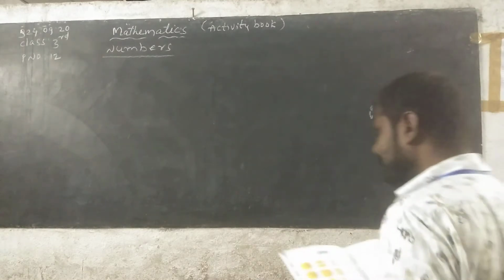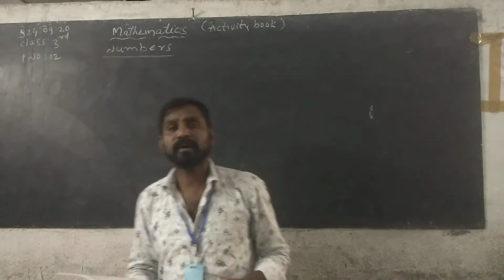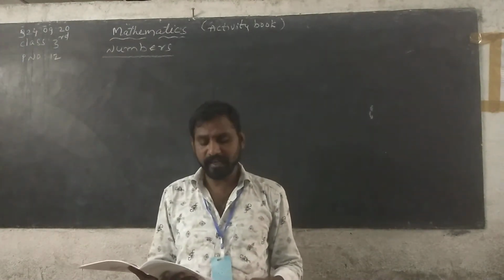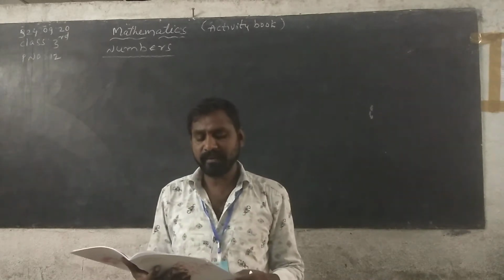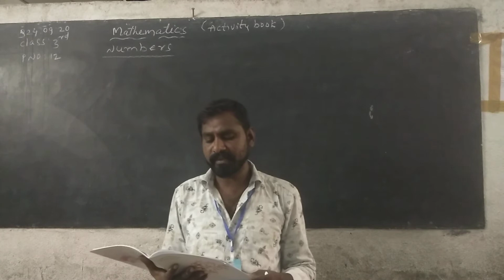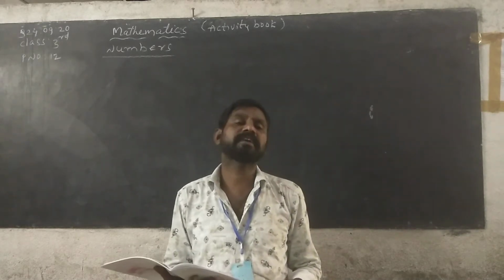See activity book, page number 12. Listen carefully. Here some pictures are given. Identify the numbers based on the given picture clues. One is done for you.